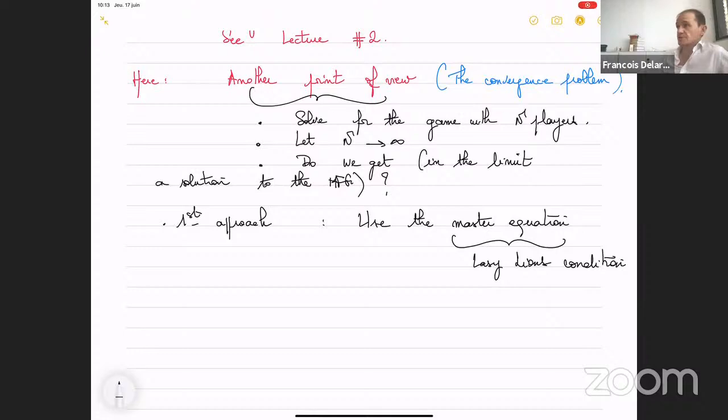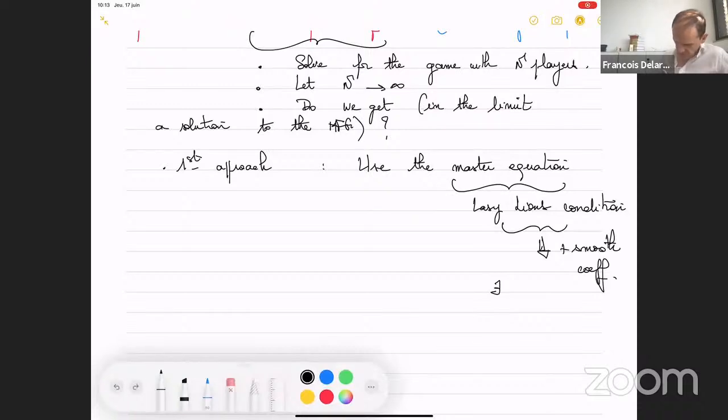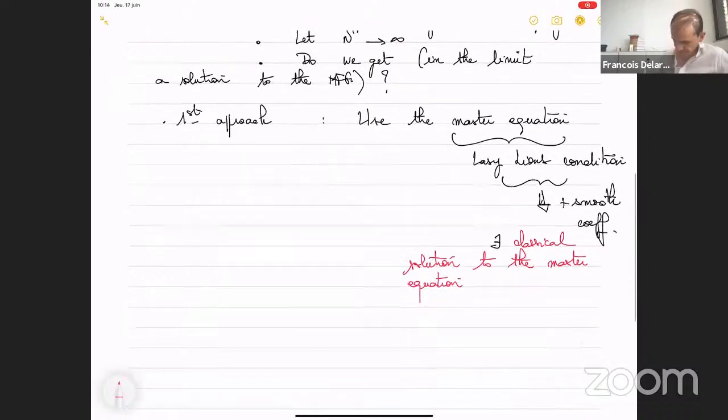Basically, this is the typical setting where we know that there is a classical solution, because this implies, plus smooth coefficients, and we know that this implies existence of a classical solution to the master equation. So this is what I'm going to explain to you today.